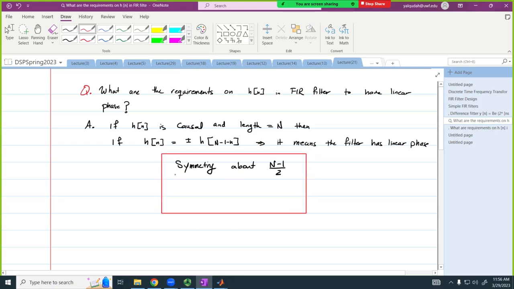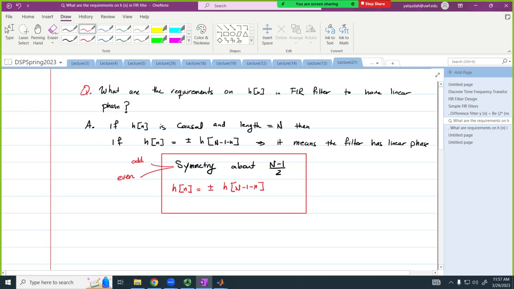And this symmetry can be either odd or even symmetry. So again, the condition is that h of n equals plus or minus h of N minus 1 minus n.